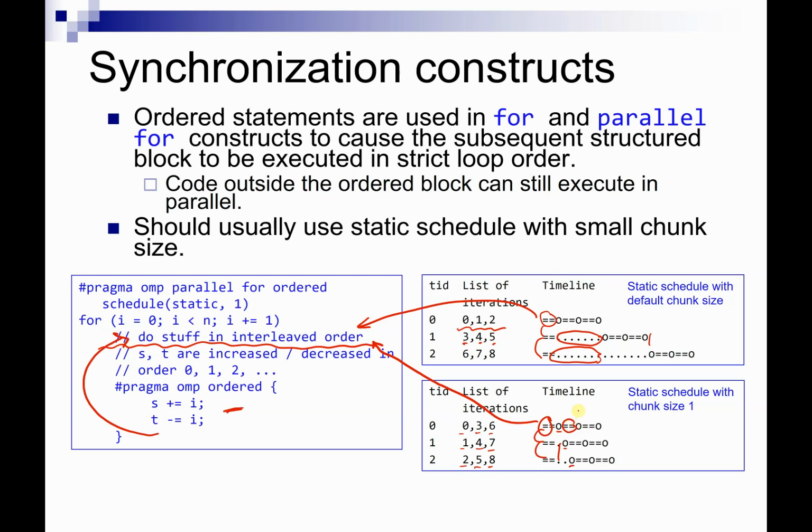After you do the parallel stuff, you again get to the ordered part, so you have to wait for iteration 3 to finish before you do 4, before you do 5. But here you see that there's a lot less waiting. There's a lot more parallelism when you use a static schedule with a small chunk size compared to just the normal static schedule.